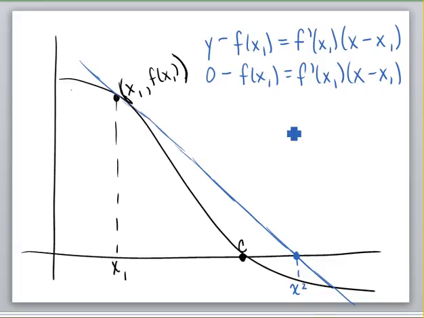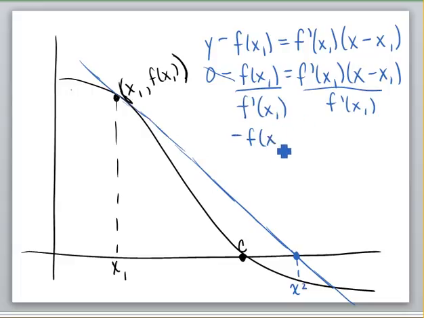What I would do to both sides is divide by f prime of x sub 1. That gives me negative f of x sub 1 over f prime of x sub 1, and this equals x minus x sub 1.